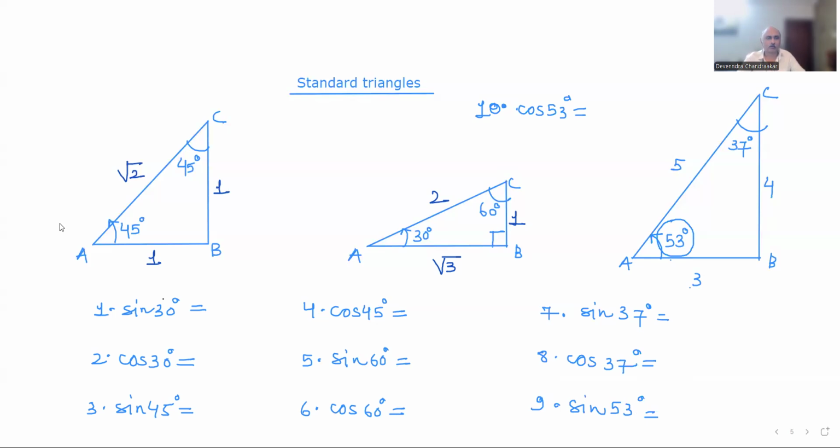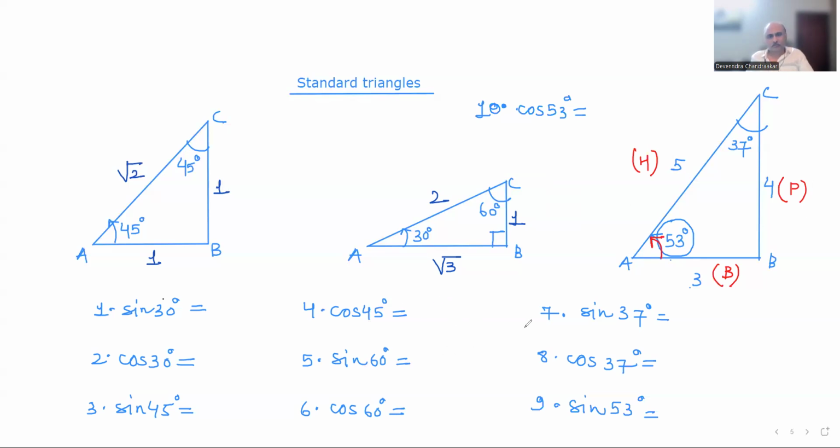I'll do one of them for you. Let's take this 53 only. For this 53 degree angle, this side will be perpendicular, this side will be hypotenuse, and this side will be base. All of you agree to this or not? Everyone? I can hear only one voice. Sure?